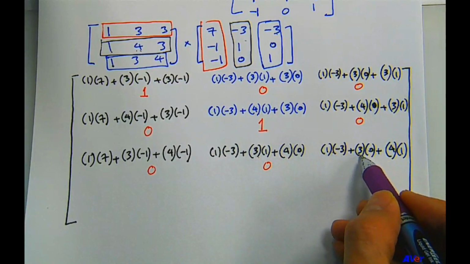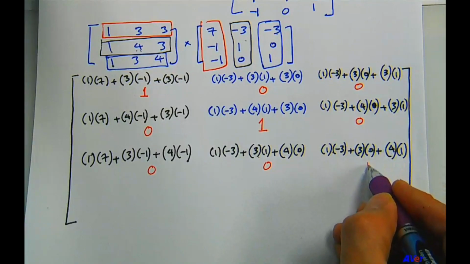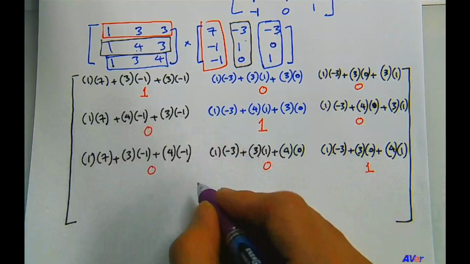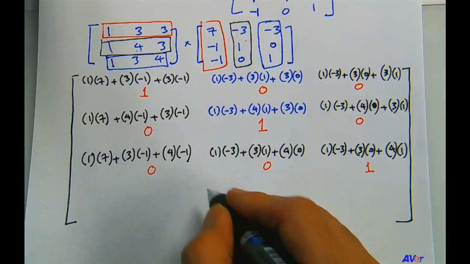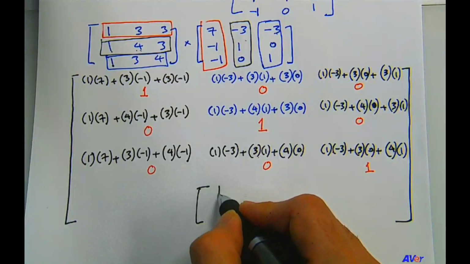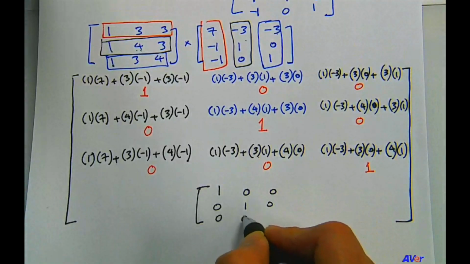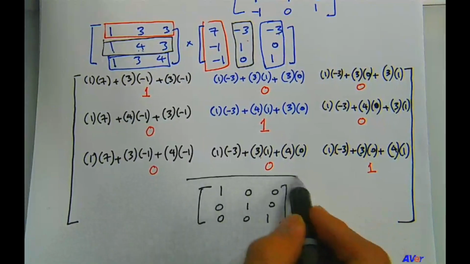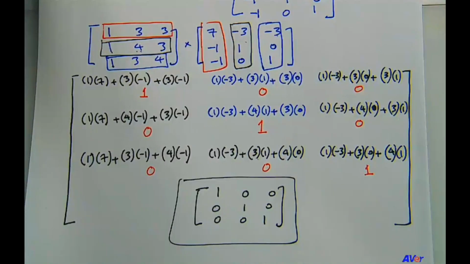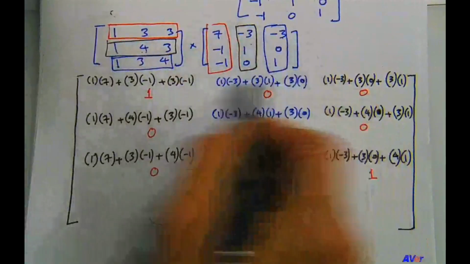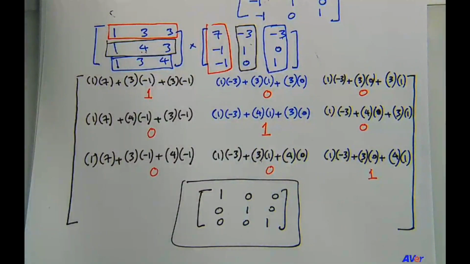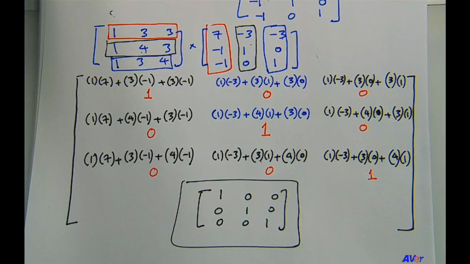Negative 3 plus 0 is negative 3. Plus 4 is positive 1. So we definitely got the identity matrix. Okay, so these two matrices are definitely inverses of each other. So we've proved that. We've showed that the claim is true.